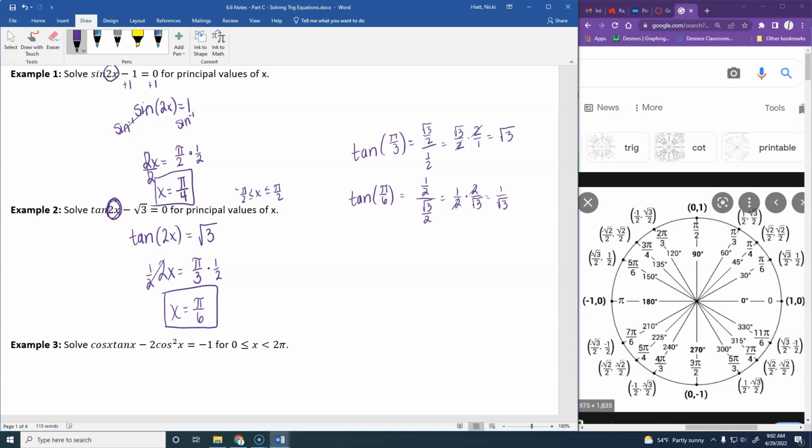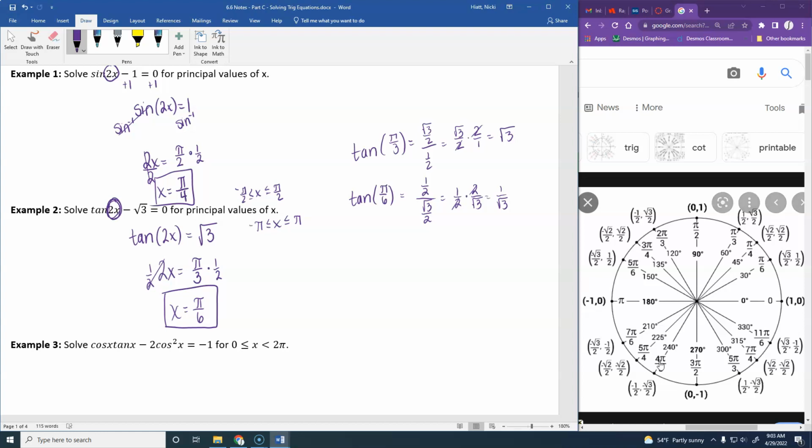So if I multiply this by 2, I'm looking from negative pi to pi. So this 4 pi over 3 right here, instead of calling it 4 pi over 3, because that's too big, that's not between negative pi and pi, what could I call it? Negative 2 pi over 3.